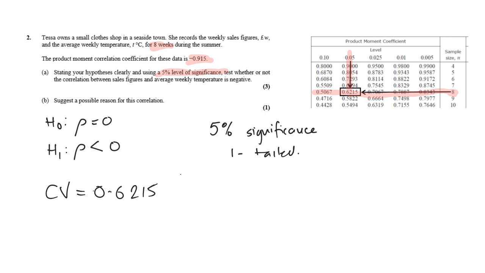So the critical value equals 0.6215. What that means, remember, is that if we have a picture, this is the line of possible values for the PMCC, ranging from -1 to 1, with the middle value of 0. We're stating that any value that's close to 0 is in the acceptance zone.